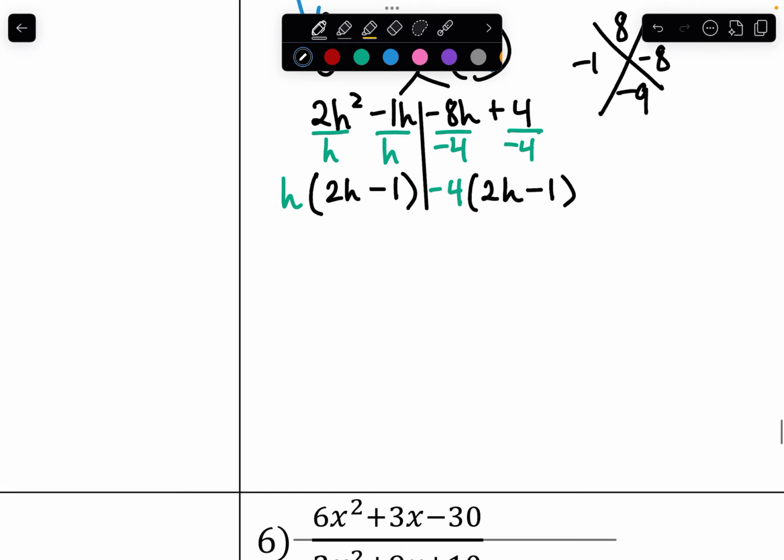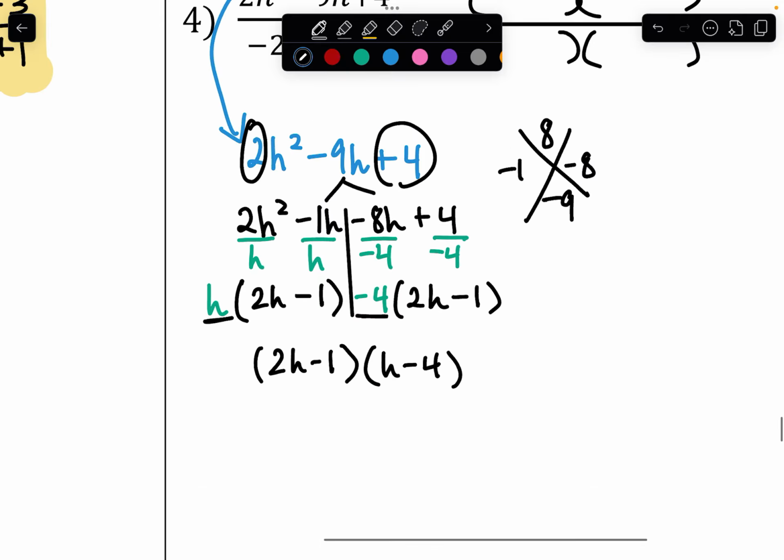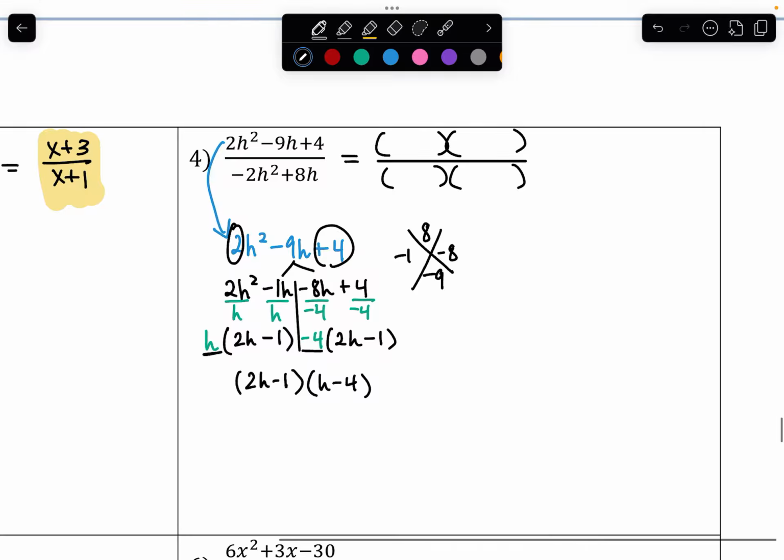The 2h minus 1 matches, meaning that's one of our factors, and then h minus 4 is the other. So 2h minus 1 and h minus 4.